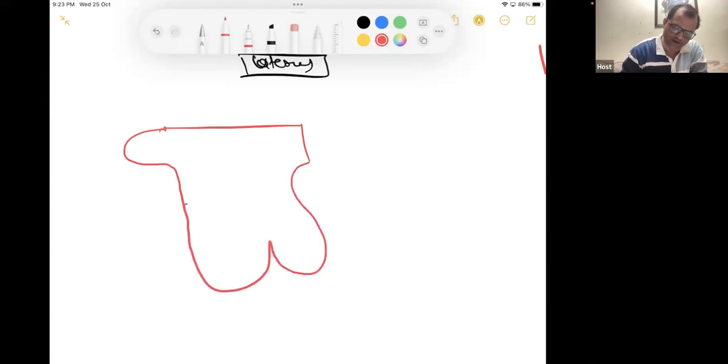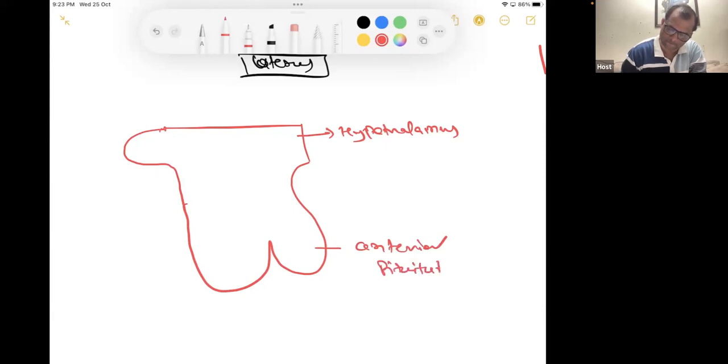And here is the anterior pituitary. So this is the hypothalamus. It's connected with the anterior pituitary with a stalk-like structure.